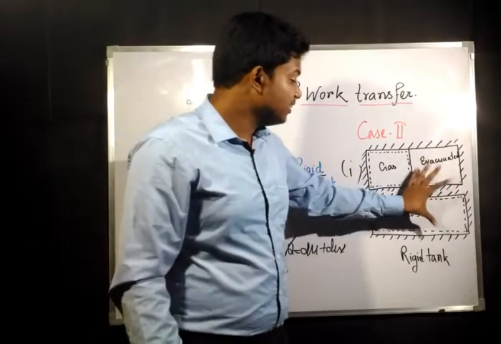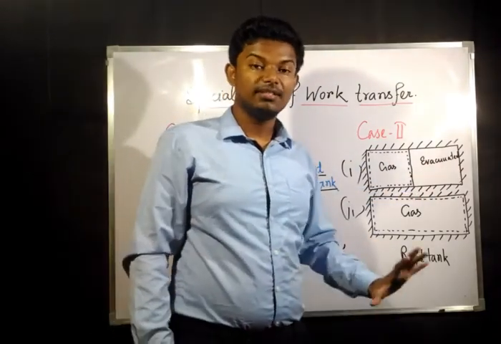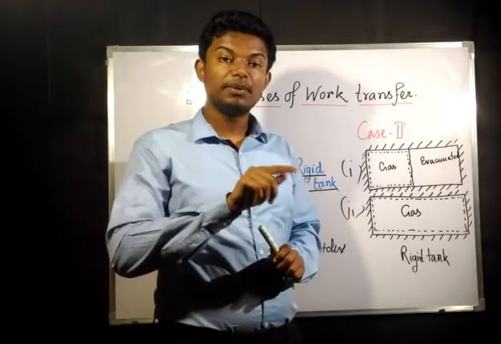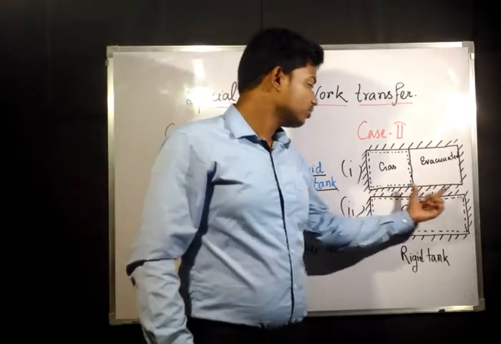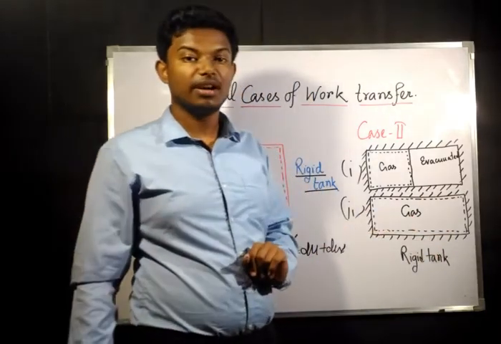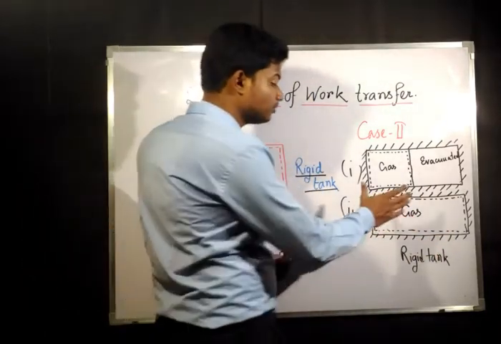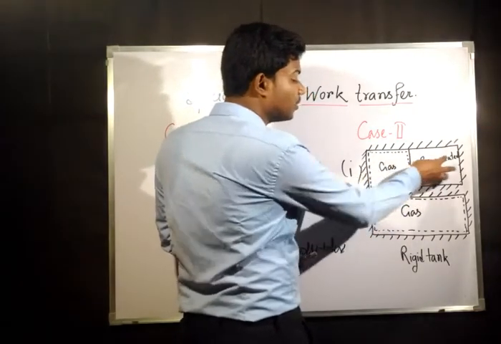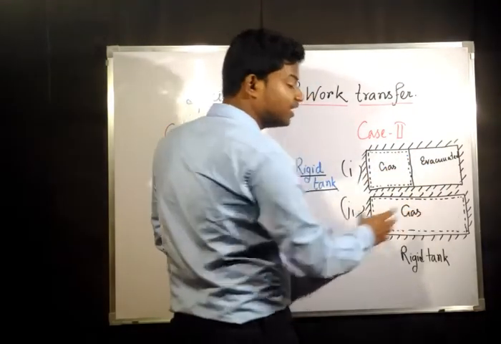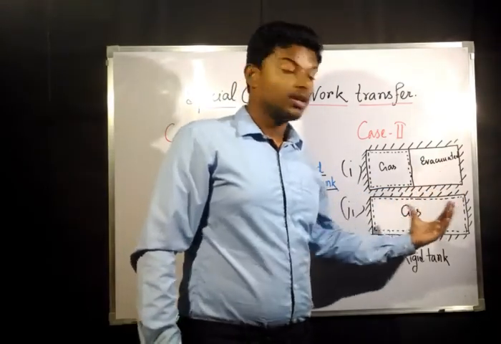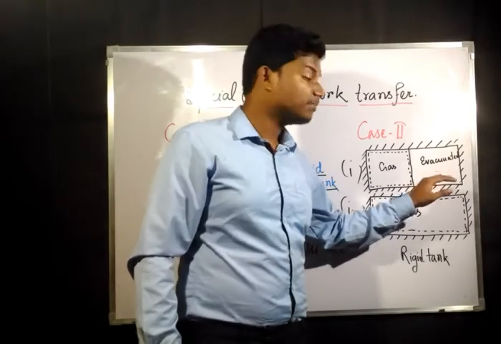Now in this case work done is completely zero. We know that displacement work is P dV. So the volume is changing, and there should be work transfer, but in this case there is no work transfer. Why? Because while this gas expands, since it is vacuum, there is no resistance given by the vacuum part.